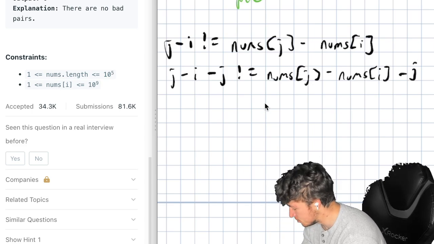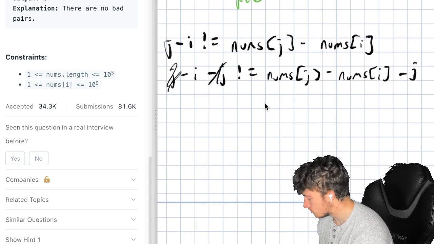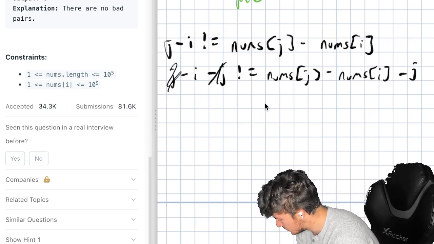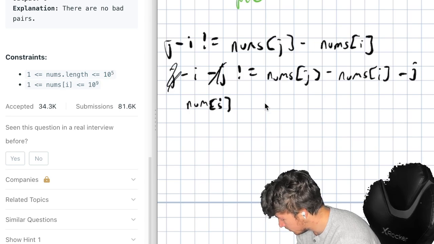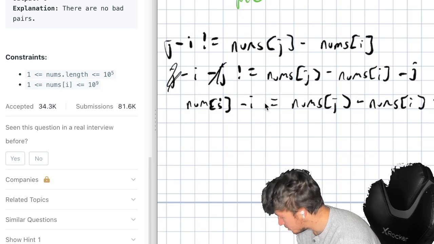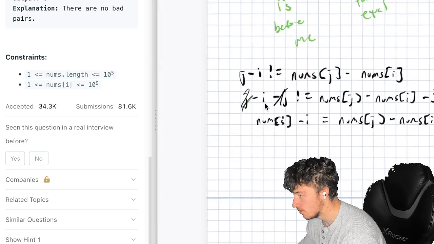Okay, now you'll notice that these 2 j's cancel out. Now I'm going to add nums of i to both sides, right? These are all legal arithmetic operations. I'm not doing anything crazy here. So I'm going to add nums of i minus i equals nums of j minus nums of i minus j. Ugh, so annoying.